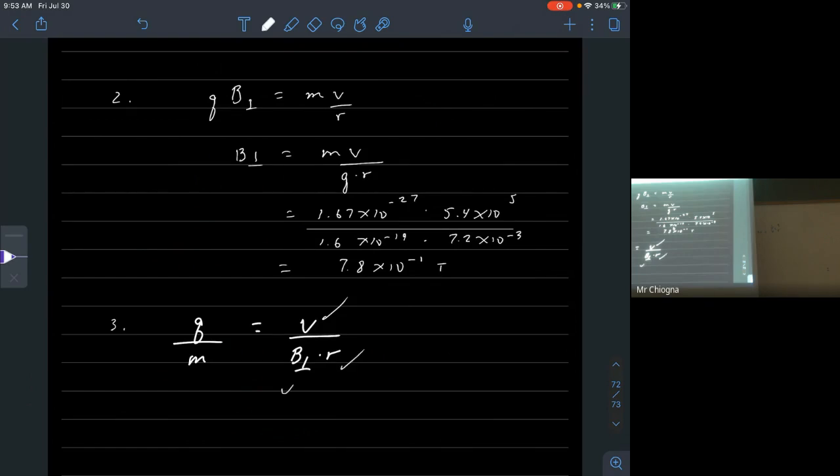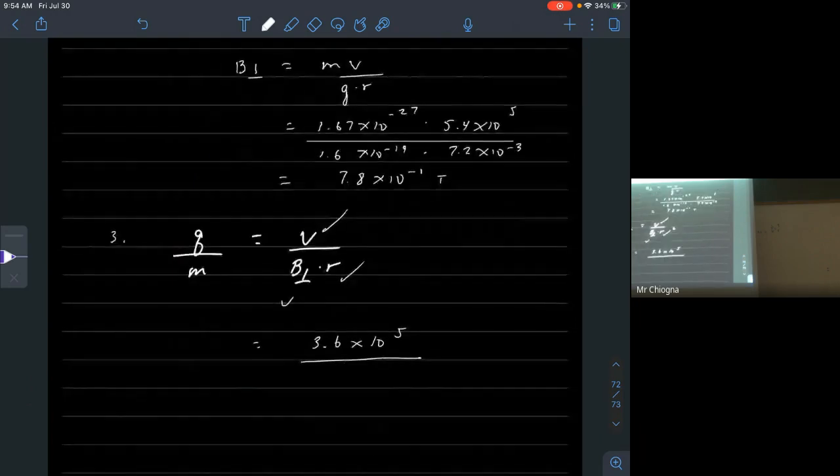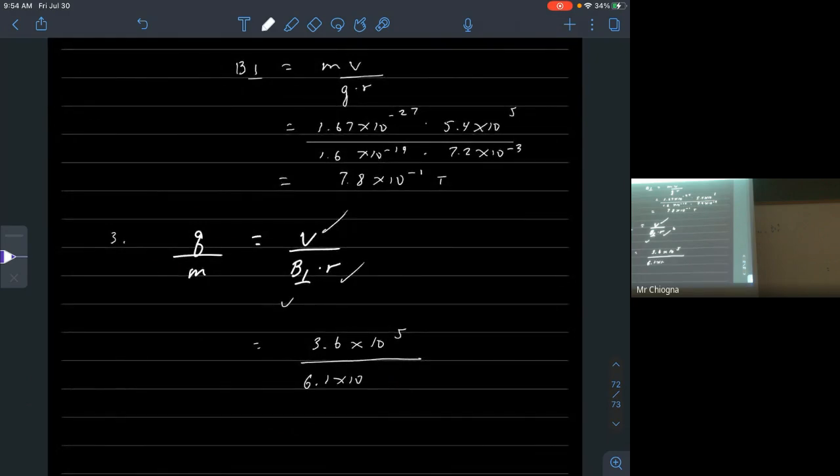You got everything you need. Three. So it works out to be 8 times 10 to the 6 coulombs per kilogram.